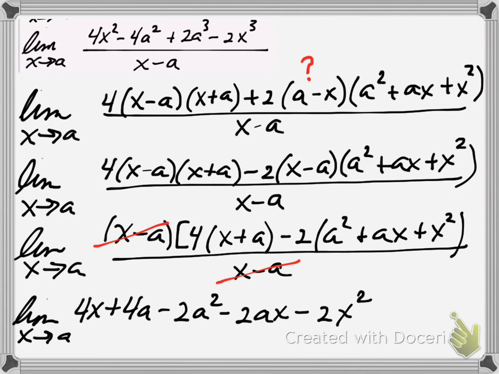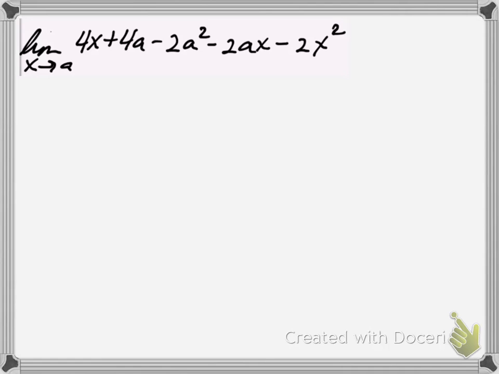So the next step is that now I can have x approach a. It's not going to be undefined any longer. I take my expression, and this limit as x approaches a will become 4a plus 4a minus 2a squared.